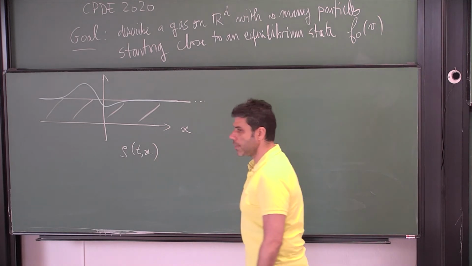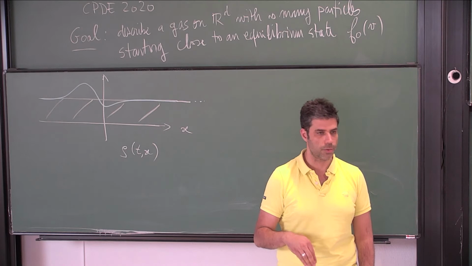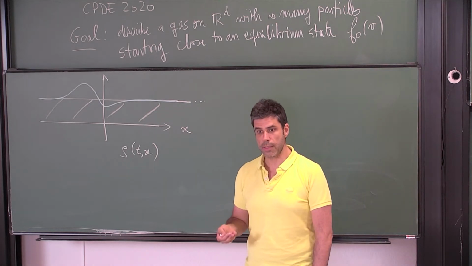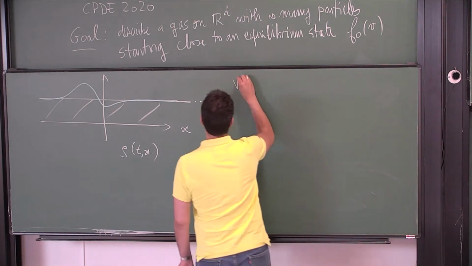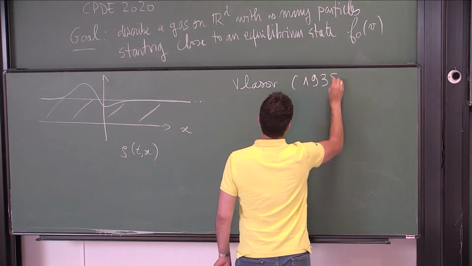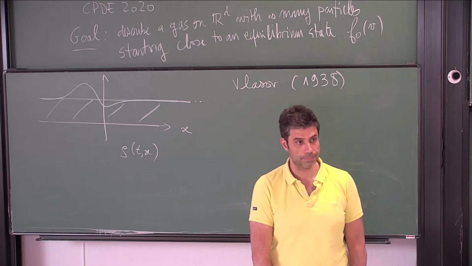Here we will look at two models, one quantum, which is Hartree, and one kinetic, which is Vlasov. I would like to insist that in the original paper of Vlasov from '38, that's exactly the problem he was looking at.